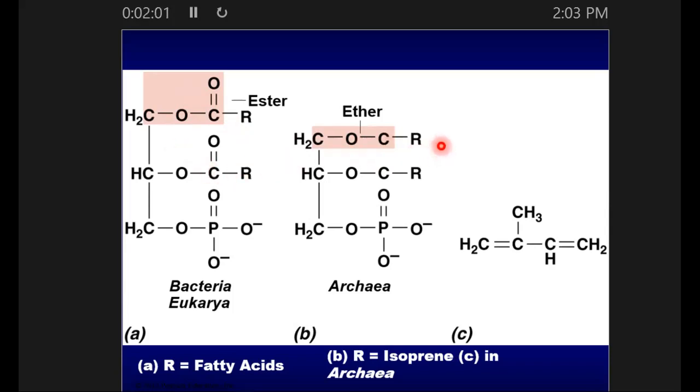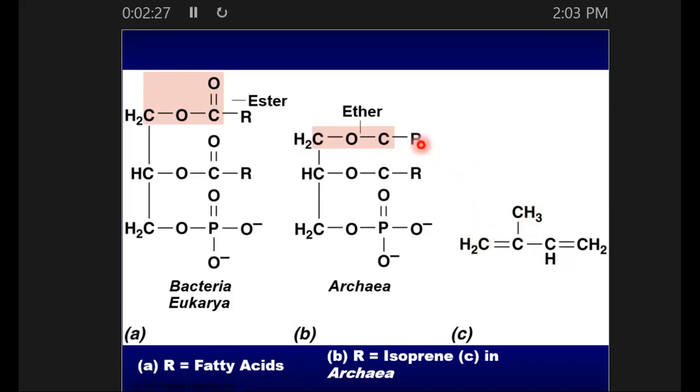Another big difference is that the R groups here in the domain archaea are actually isoprene units. Isoprene, not fatty acid tails, but isoprene tails, okay? This figure C on the far right is the basic unit of an isoprene. They're 5 carbon molecules with a little methyl offshoot, a branch.